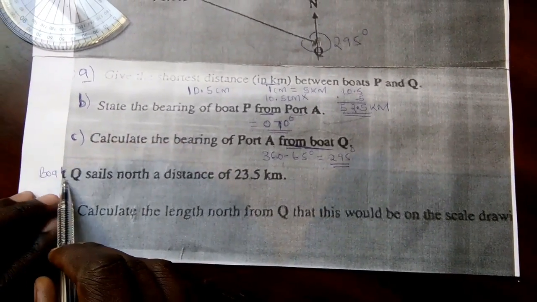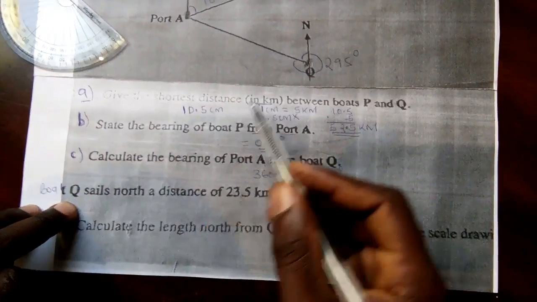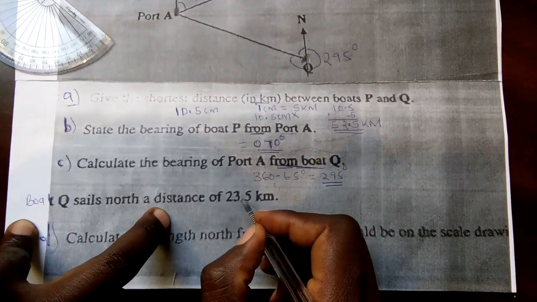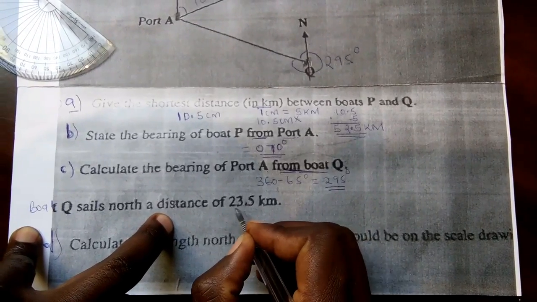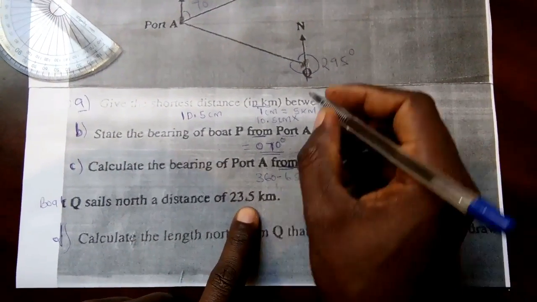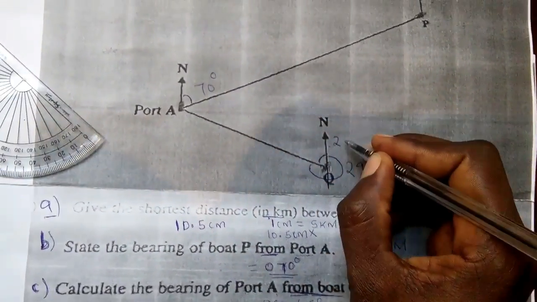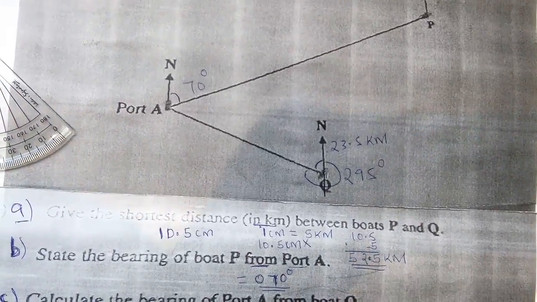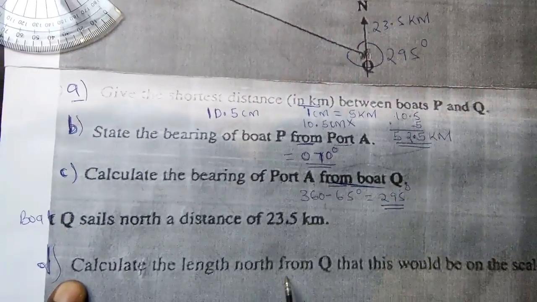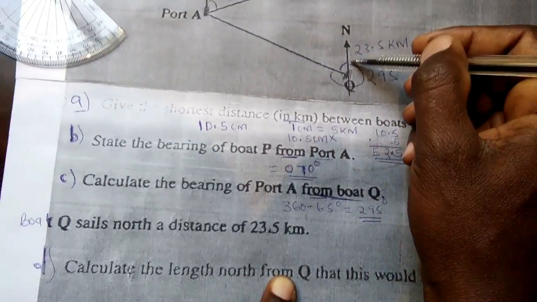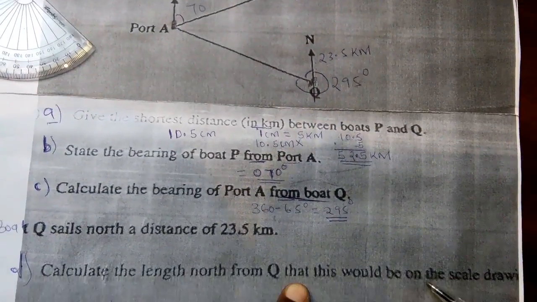Now this one is saying a boat sails north a distance of 23.5 kilometers. We need to know that this is going upwards 23.5 kilometers. They are saying calculate the length north from Q that should be on this scale.